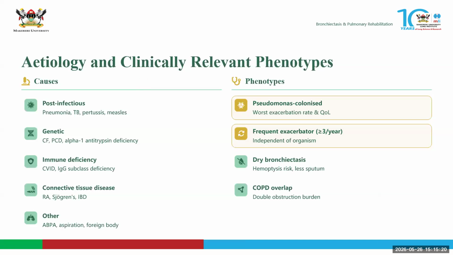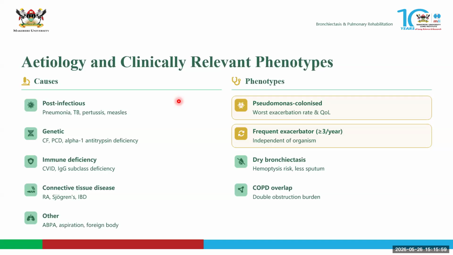Like mentioned earlier, the post-infectious causes, from the pneumonias faced in early childhood to TB to measles, but also the genetic causes, where we now have the categorization of cystic fibrosis and non-cystic fibrosis. In sub-Saharan Africa, clinical attention is on non-cystic fibrosis, which is more common down the Sahara region.